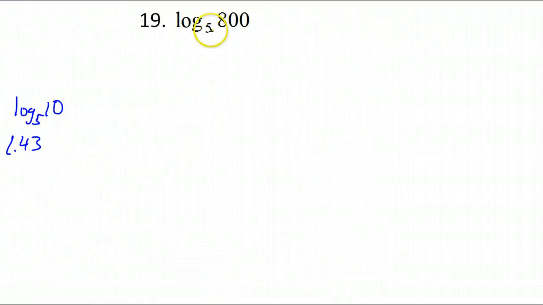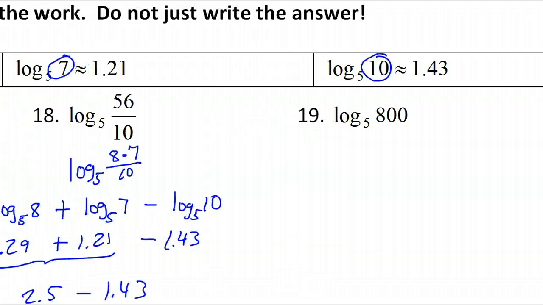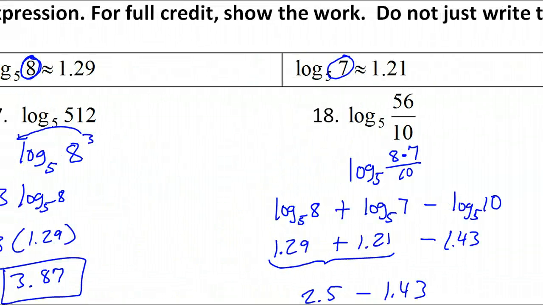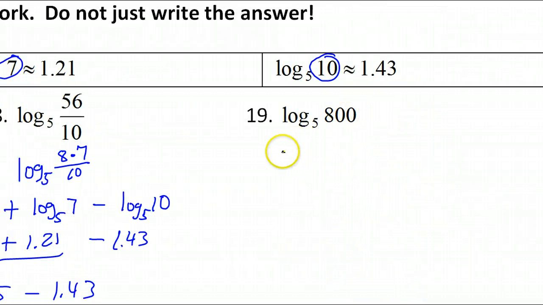Number 19. Similarly, as I'm looking at this 800 and I'm trying to get a 10 or a 7 or an 8 out of it. But right now the 8 is looking really promising because I see 800. And then if I think about it for just 2 seconds, 800 is 8 times 100. But then as I look at the 100, 100 is 10 times 10, or 10 squared.